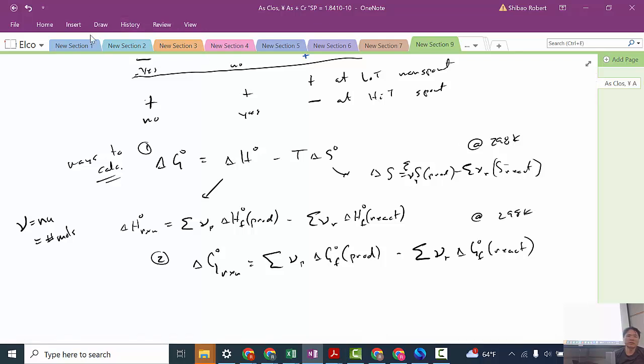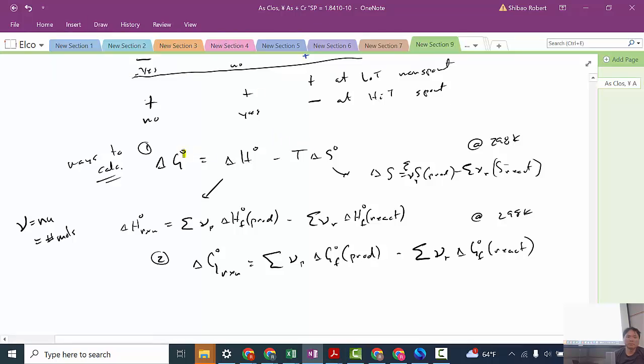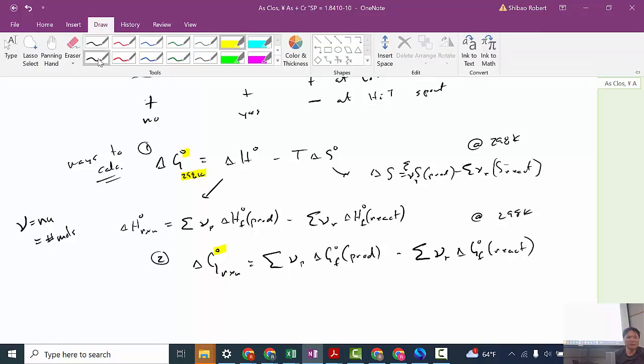And so we have to keep track of this. The way I'm going to keep track of it is I'm going to just write a little temperature there, and same thing here. This is going to be for the reaction at 298 Kelvin.